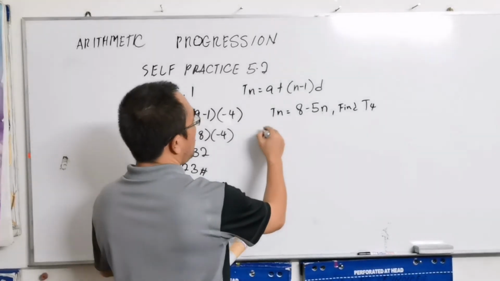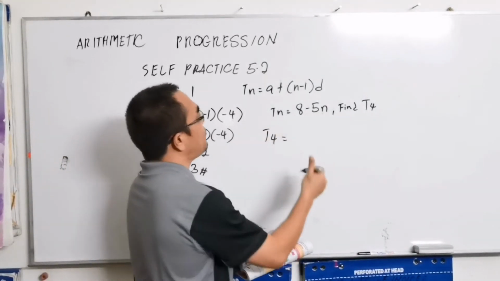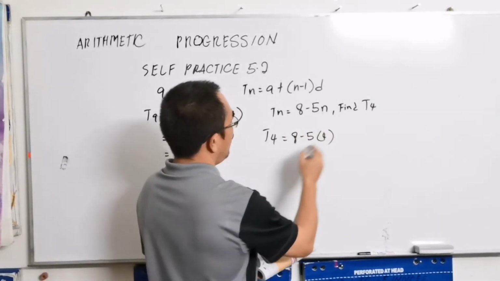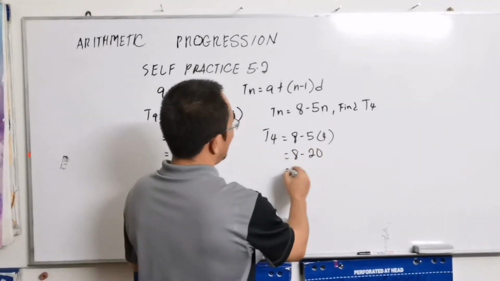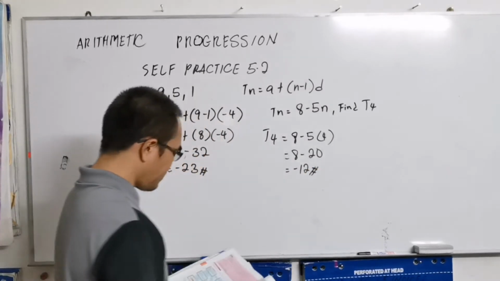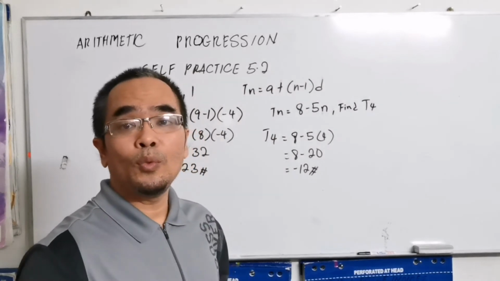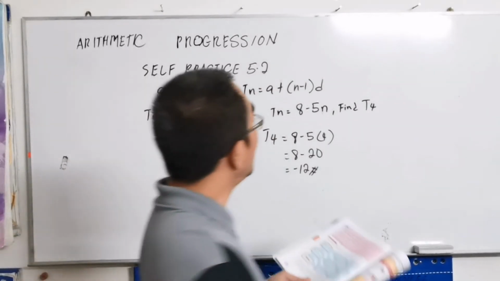So T4 is, just replace n as 4. 8 minus 5 times 4. So 8 minus 20 equals negative 12. So I'm going to do it one by one.